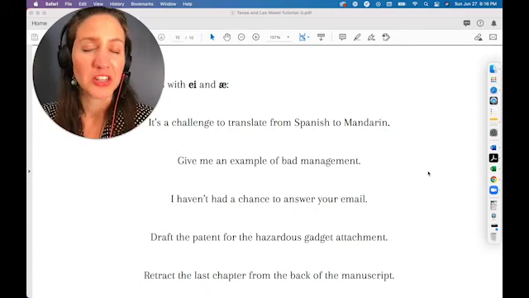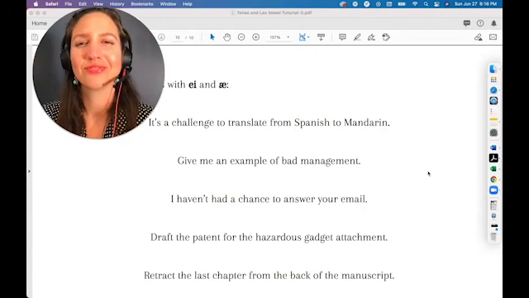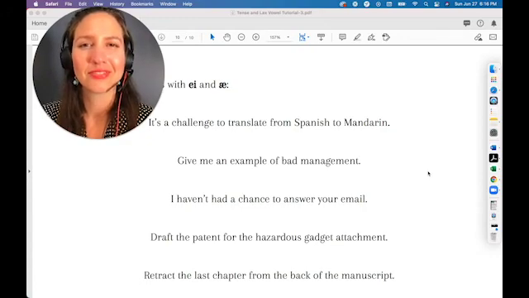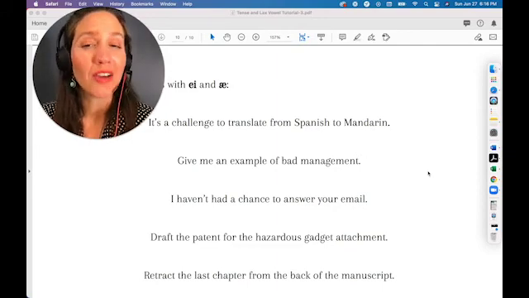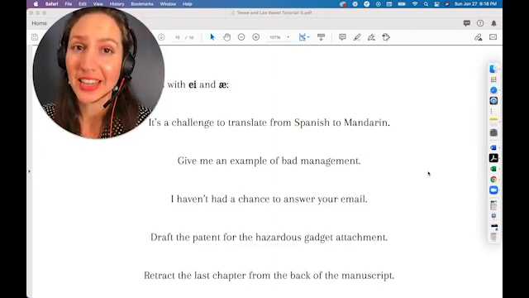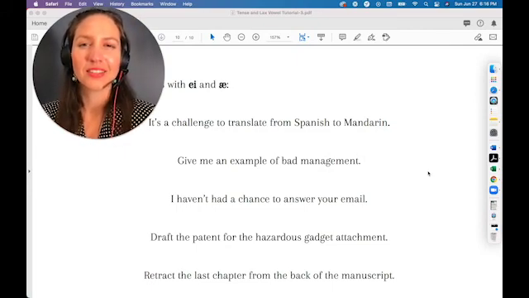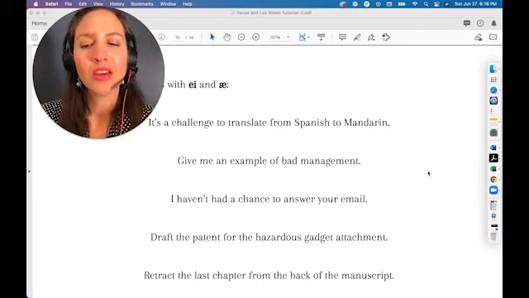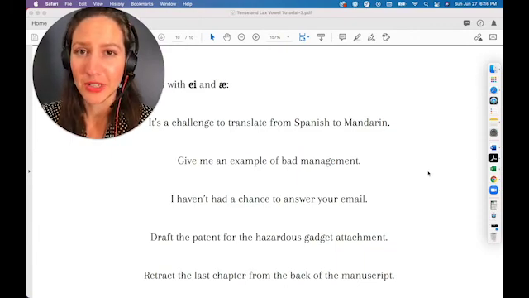I haven't had a chance to answer your email. Draft the patent for the hazardous gadget attachment. Retract the last chapter from the back of the manuscript.